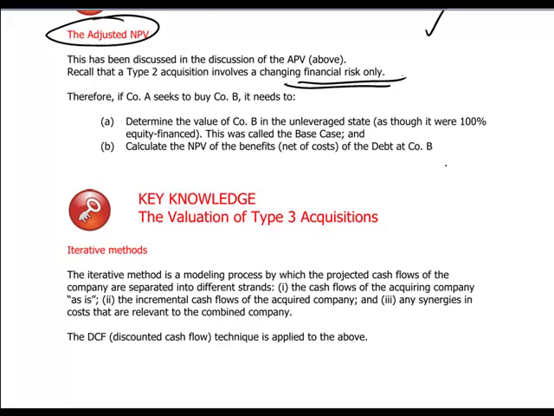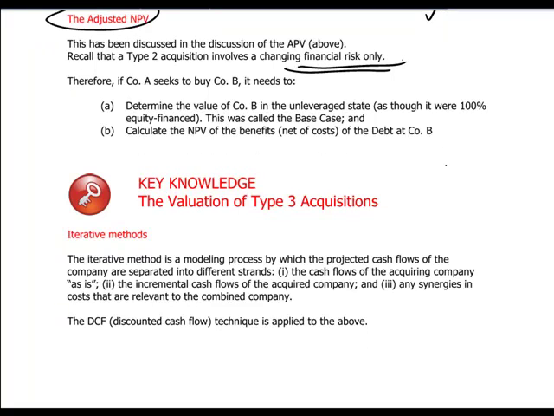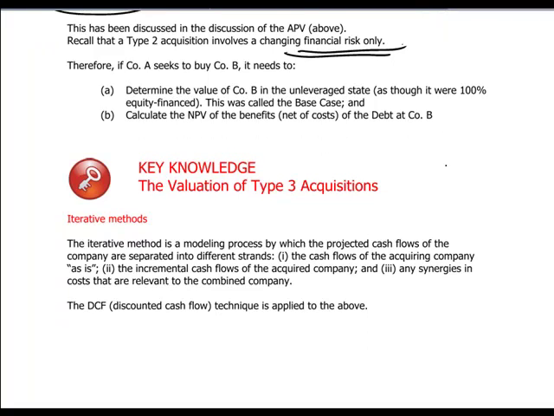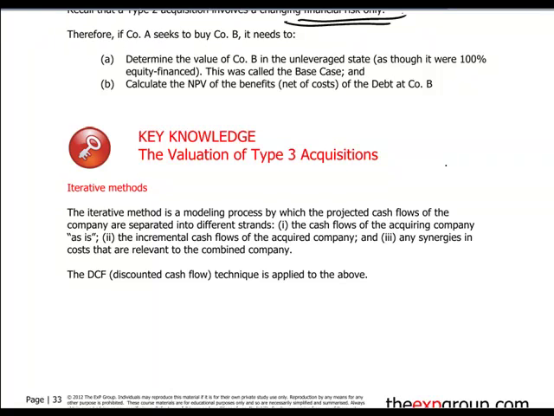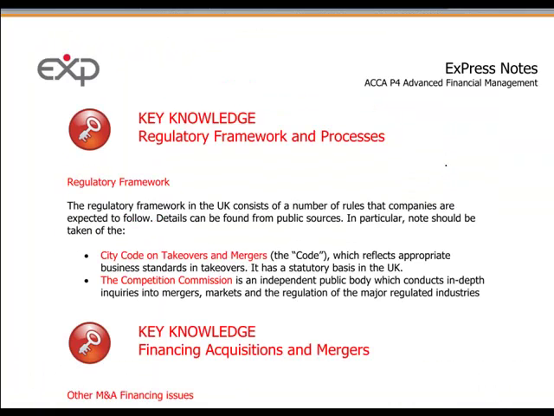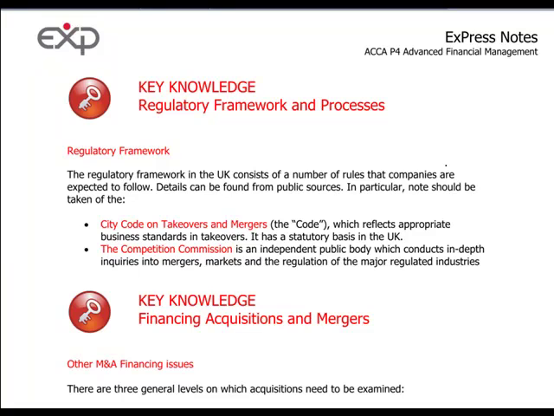In order to round out our discussion of mergers and acquisitions, I want to stress that it's not simply a question of being able to do business valuation calculations, but to understand also from an institutional point of view the general principles regarding regulatory requirements when carrying out M&A. Here the City Code on Takeovers and Mergers is mentioned.